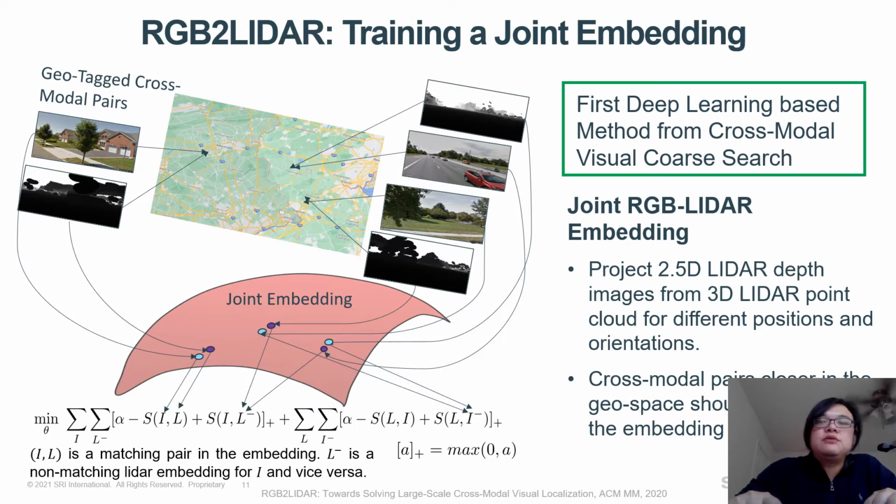SRI's RGB to LiDAR network is the first deep learning-based method for cross-modal visual geolocalization applications. The idea is that we started with a standard framework of learning a joint embedding model for cross-modal retrieval. Joint embedding is a state-of-the-art technique from social media analysis.